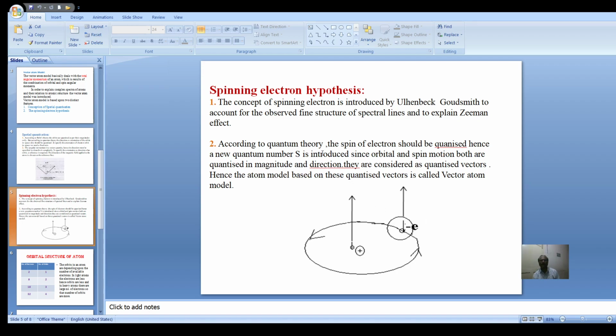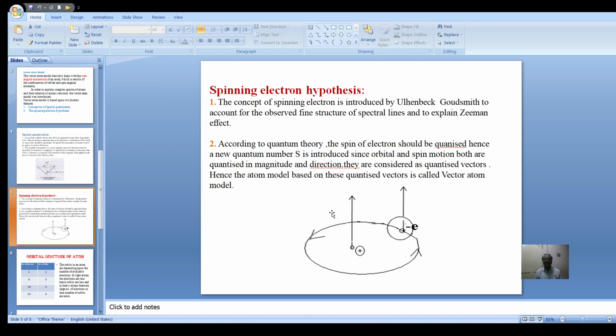Now, according to quantum theory, the spin of electron should be quantized. Hence, a new quantum number S is introduced due to spin motion of electron. Since orbital and spin motion both are quantized in magnitude and direction, they are considered as quantized vectors. Hence, the atom model based on these quantized vectors is called vector atom model.